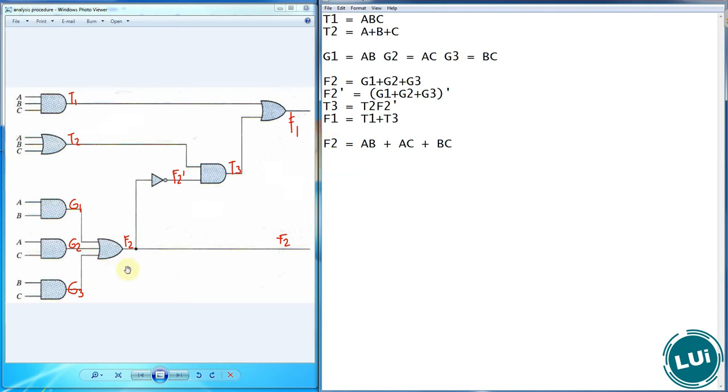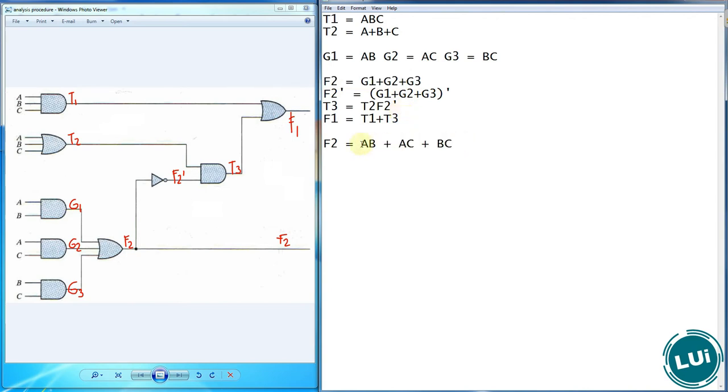Now we're done with F2. Let's work on solving for F1. So for F1, it's T1 or T3. T1 is ABC. T3, however, is T2 and F2 prime. F2 prime is this, and F2 is this one.